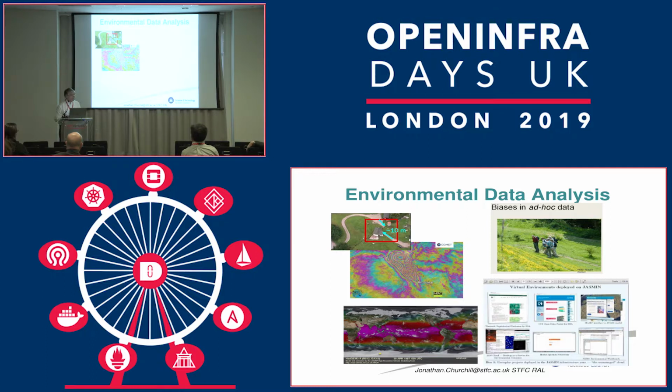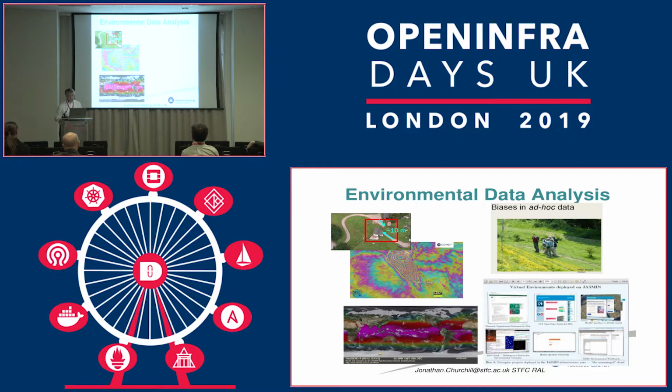And then the other picture here is from the subsequent Italian earthquake region, and this is just looking at the before and after stress in the ground. The satellite is able to measure down to 10 centimeter resolution from space. So that's one kind of environmental data analysis.